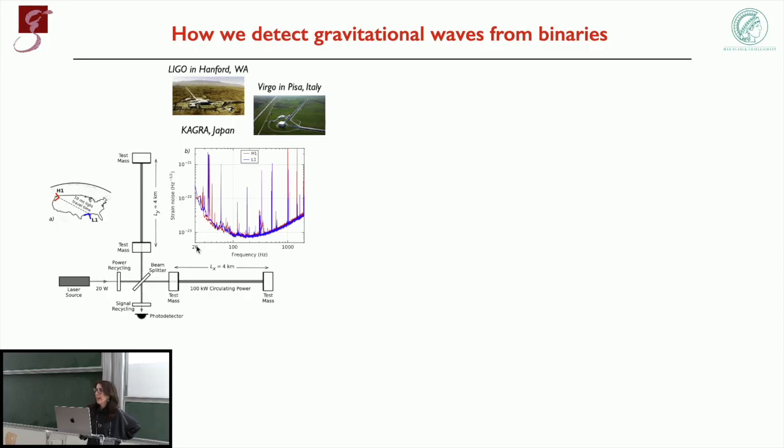And this is 20 hertz. This was actually the noise spectral density at the time of the first detection. And you can see this rise of the noise spectral density at low frequency, and you see also this rise here. This is due to the shot noise, and this is due to the seismic noise.